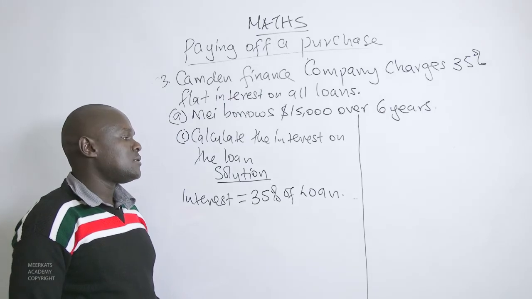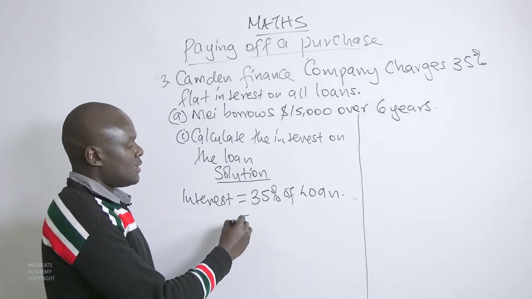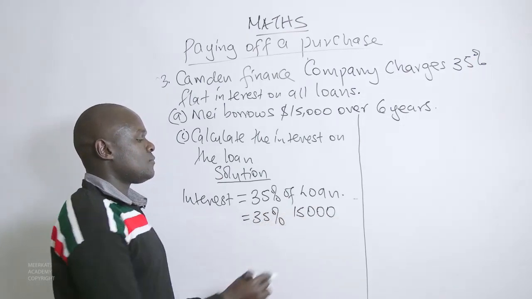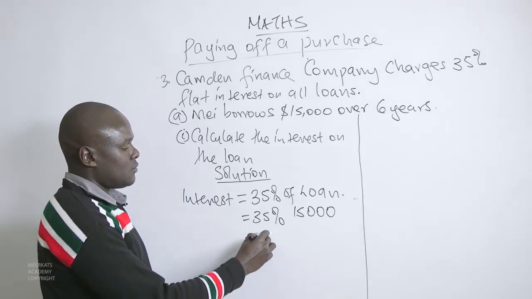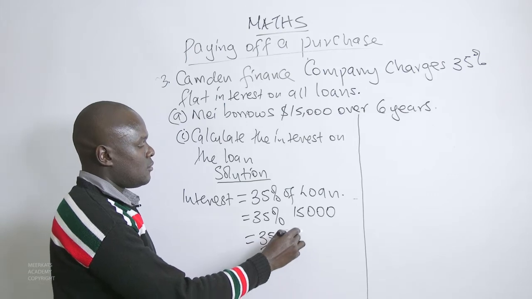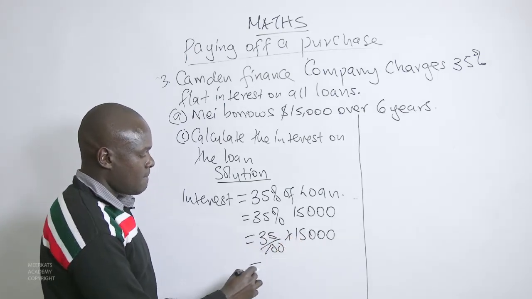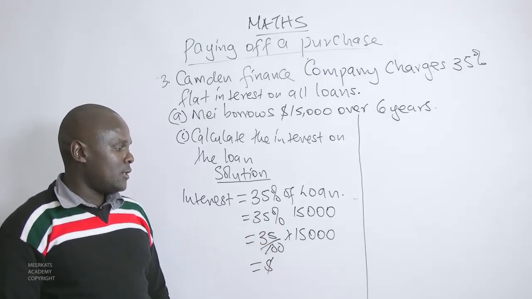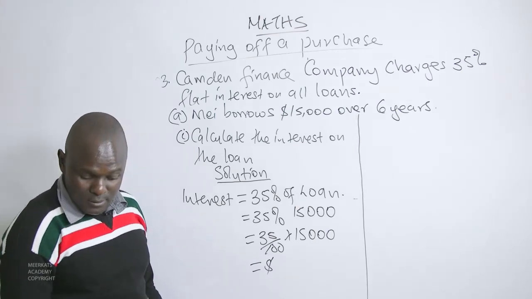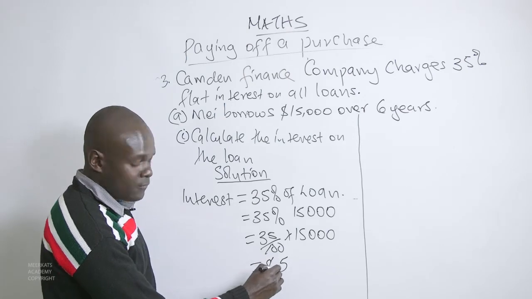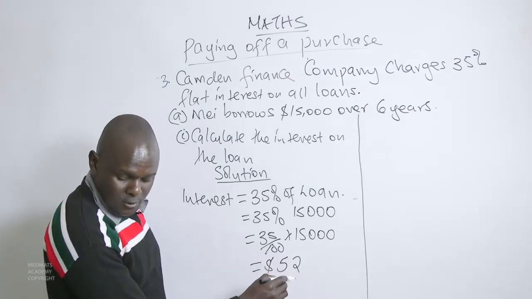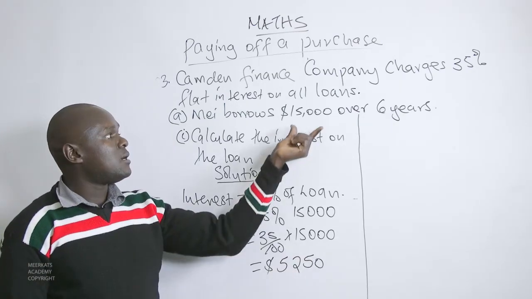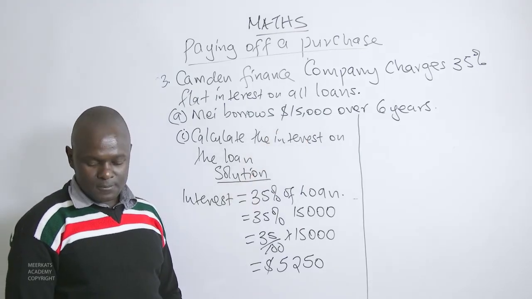That is 35% of the loan, and our loan, we are told, is $15,000. You convert 35% to a fraction, then you multiply by the $15,000, and this will give us $5,250. This is the interest that this amount will attract in 6 years.